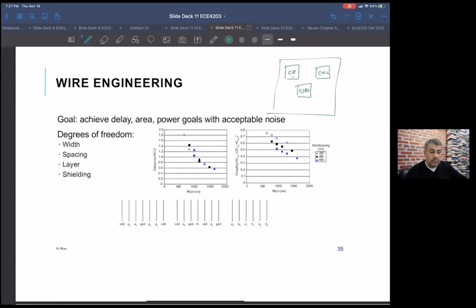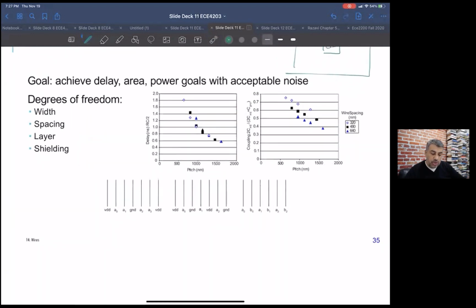Okay, but let's say you've done all that and you still are running these lines. Especially when you're looking at buses, you have a few degrees of freedom. One is you can play with the width of the line. By increasing the width, you reduce the resistance and increase the capacitance, which has this fringe component.